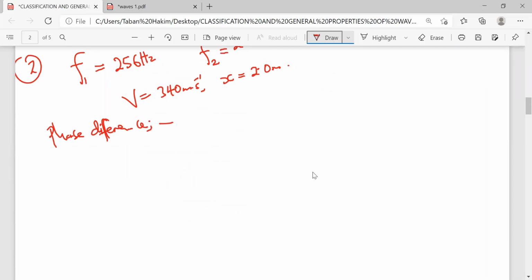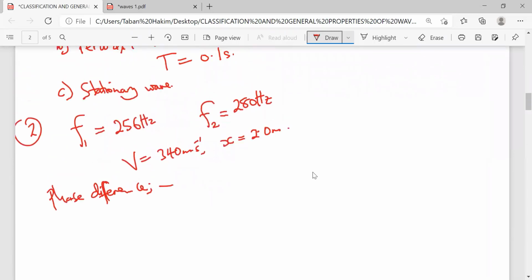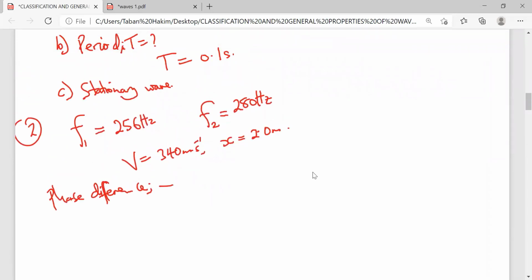When one wave leads the other by half a wavelength. That's how we define the phase difference.